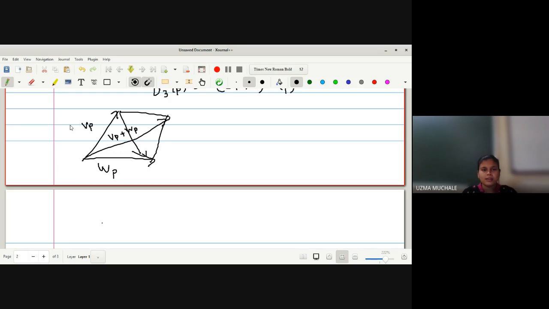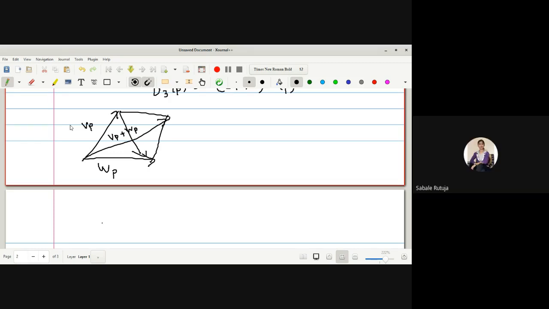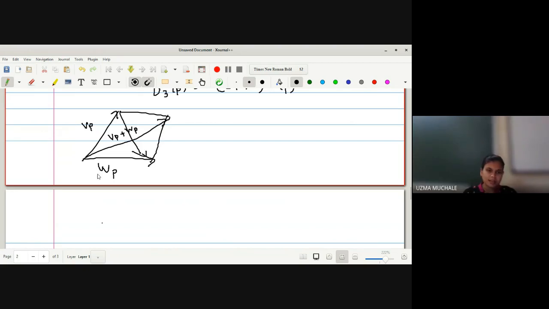Starting with the definition: starting with the initial point of the first vector and ending with the end point of the second vector. Okay, so this is Vp plus Wp.